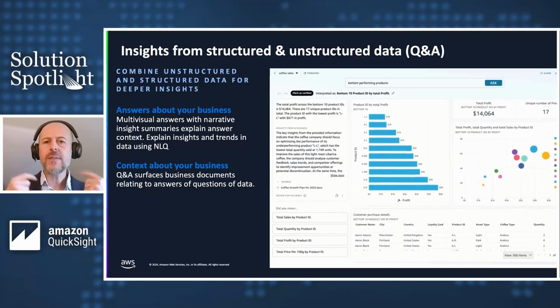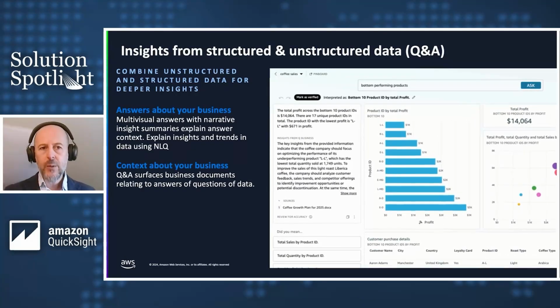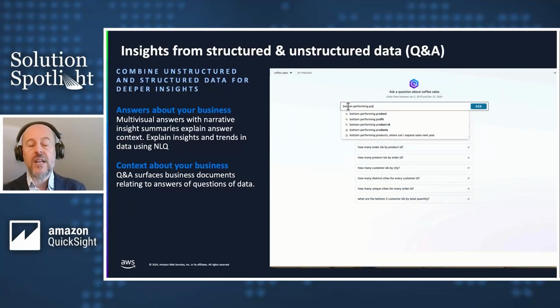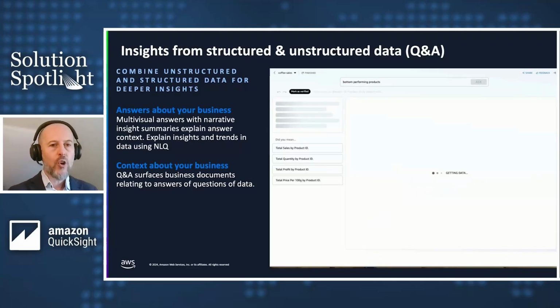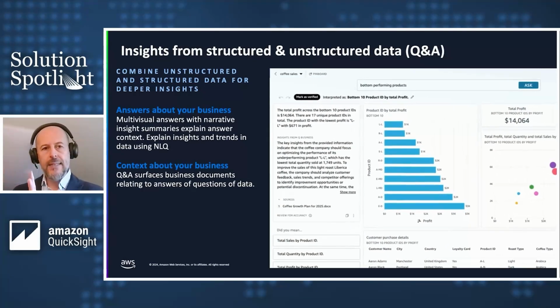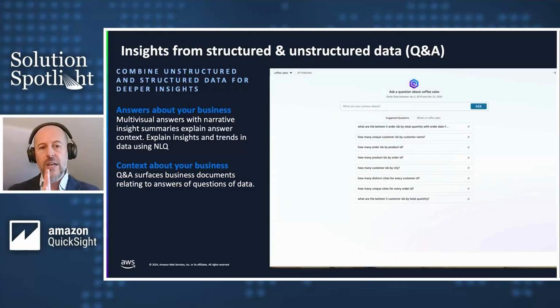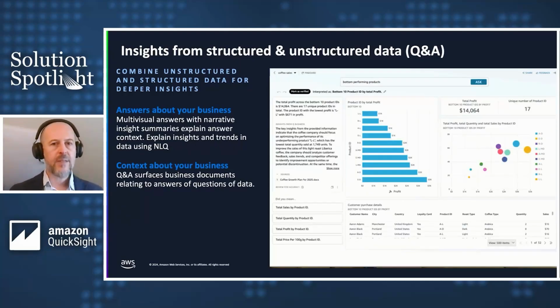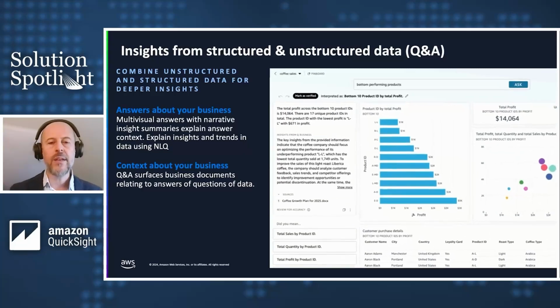But if we want to give some context, we can now integrate QuickSight with Q Business to get insights from unstructured data, like documents, wiki pages, and so on. So the insight that we are getting from the structured tables is enriched with this unstructured data, giving us this context that we might be missing with only structured data.